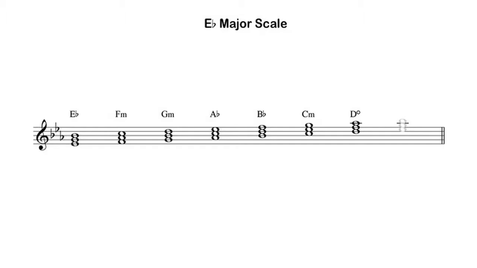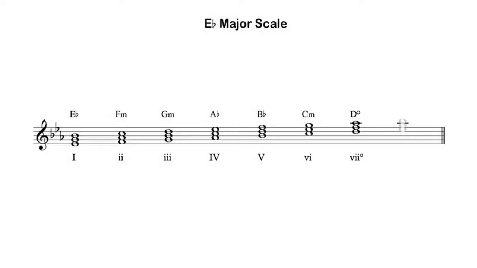In order to label these chords functionally, we'll indicate the scale degree number for each chord using a Roman numeral. 1 for tonic, 2 for supertonic, 3 for mediant, and so on. The way we write these Roman numerals also tells us about the chord's quality.